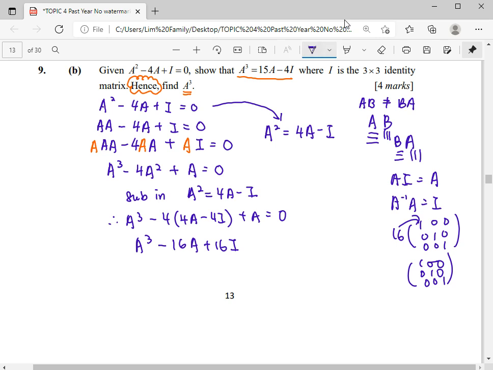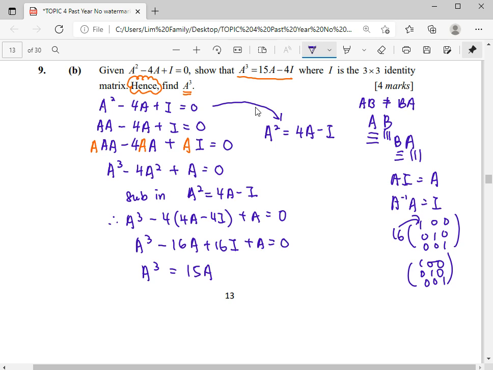You must be very clear what is your number and what is your matrix here. Then we continue, we still have a plus matrix A here. So A cube equals, we operate this one, 16A plus A, negative 15. Move to the right hand side, it will become positive.